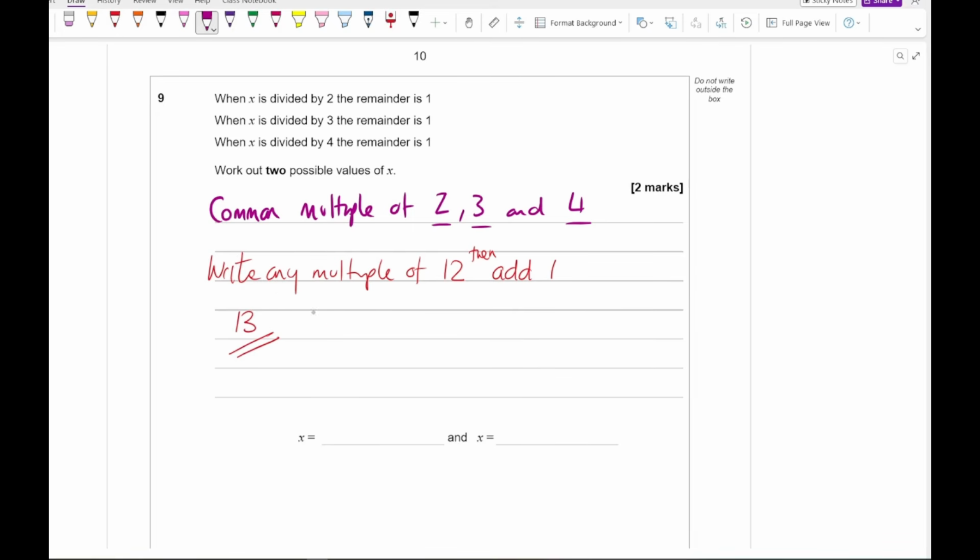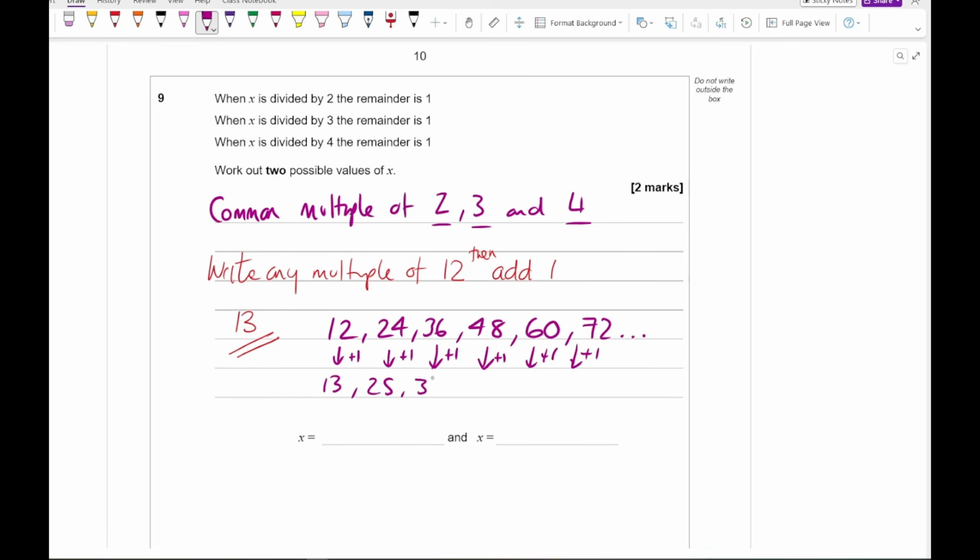So let me just write down the multiples of 12: 24, 36, 48, 60, and 72, etc. And if I just simply add 1 to each of these, then what I get is 13, 25, 37, 49, 61, 73, etc. So writing any two of those numbers will be fine. So let's just go for 13 and 25.